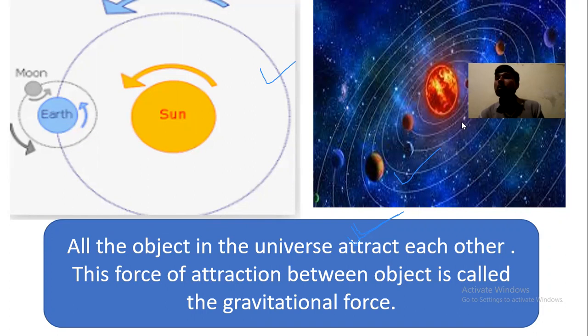Every planet, like Mercury, Venus, Mars, Jupiter and the other planets, has gravitational force, and due to this force of attraction every planet revolves around the sun. All objects in the universe attract each other. This force of attraction between objects is called the gravitational force. Why is every object attracted toward each other? Due to the gravitational force.